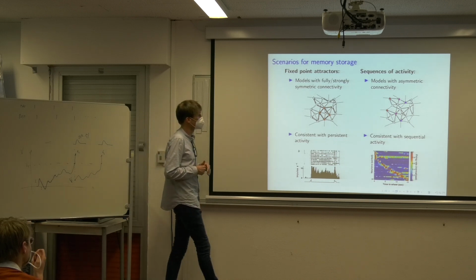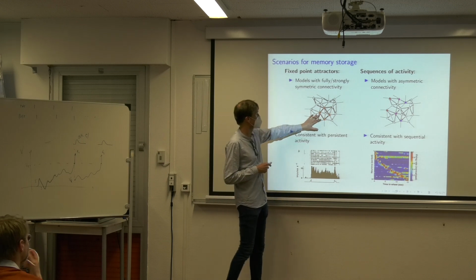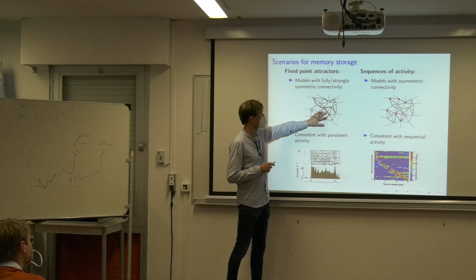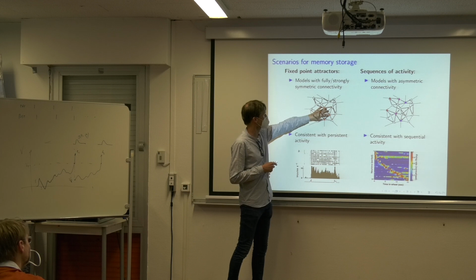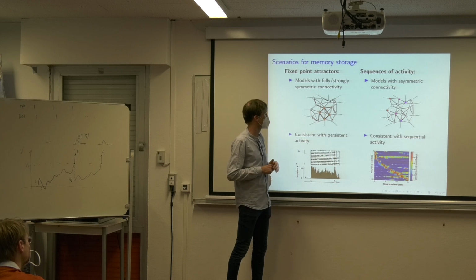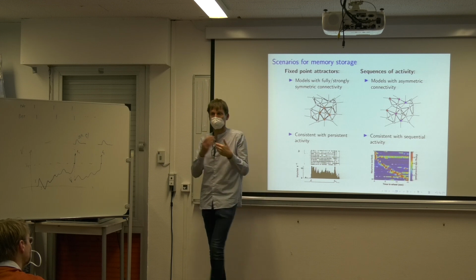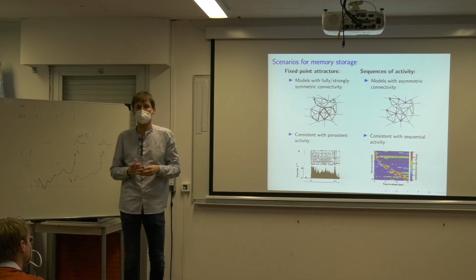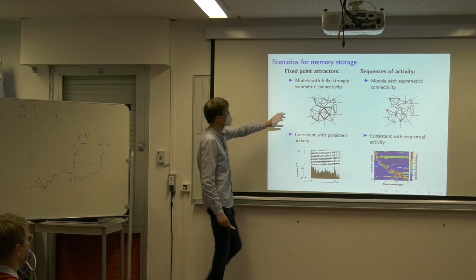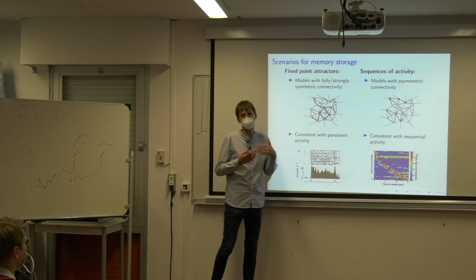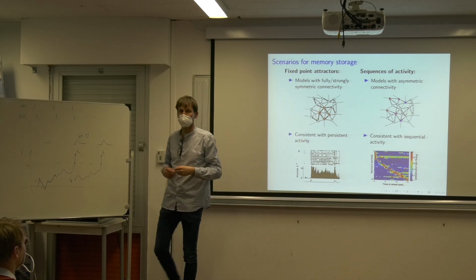In one class of models, suppose that you have a group of neurons that are active together for some amount of time, and with this Hebbian mechanism you strengthen connections in both directions in this group of neurons. So the connectivity matrix will tend to be pretty symmetric, right?